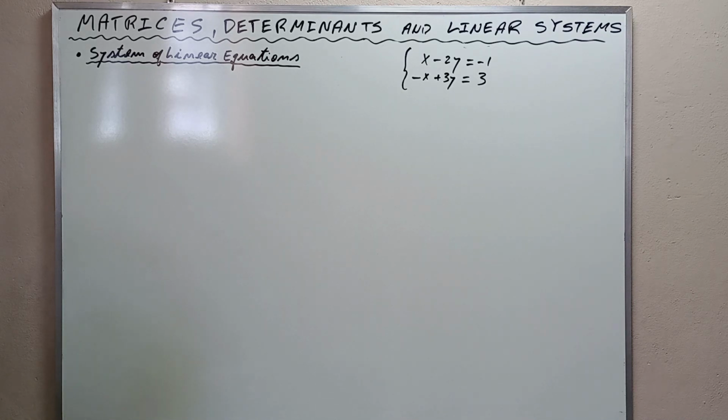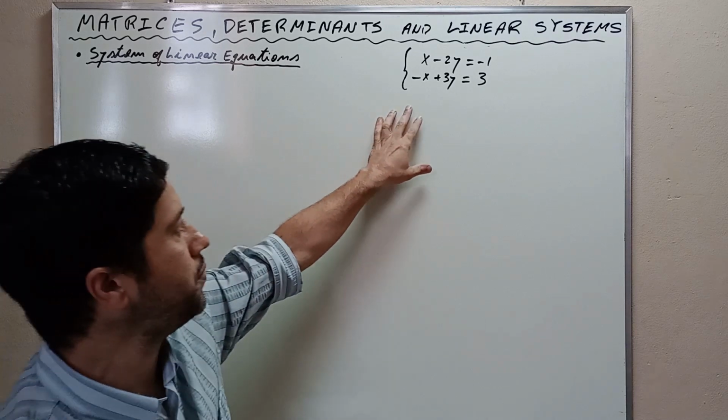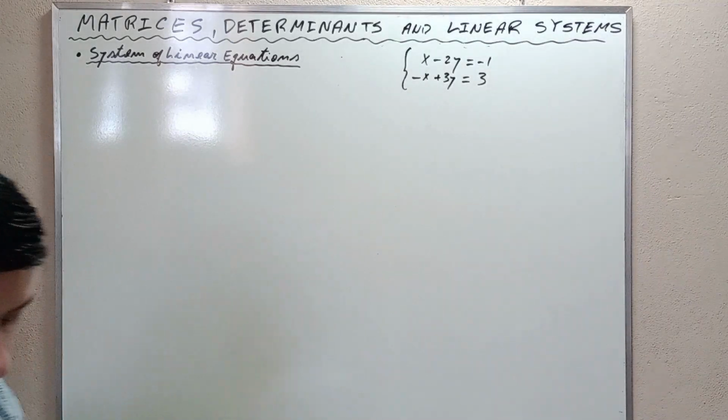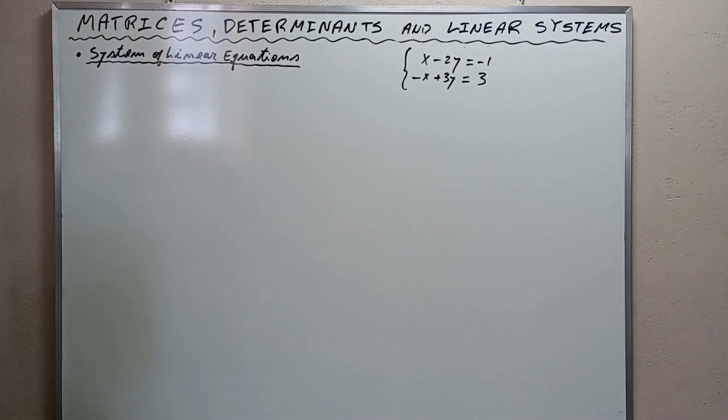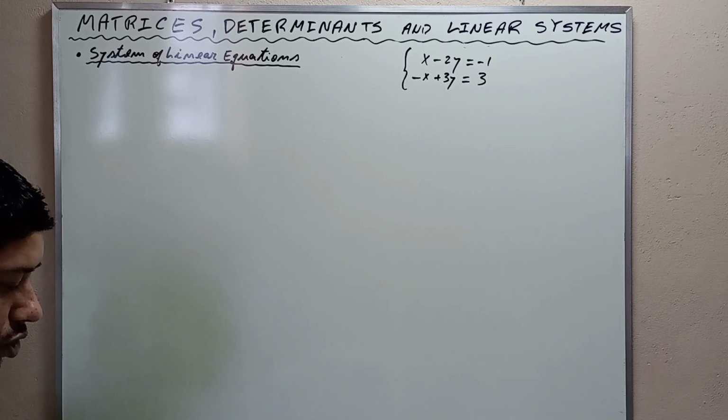Finding the solution set of a system of two linear equations can be easily accomplished by graphing. Let's see this example here. Find the solution of the system. We are going to use a graph to understand graphically the solution of the system.